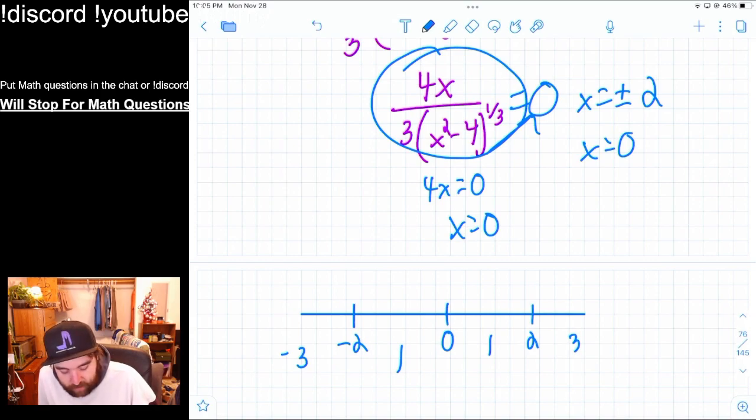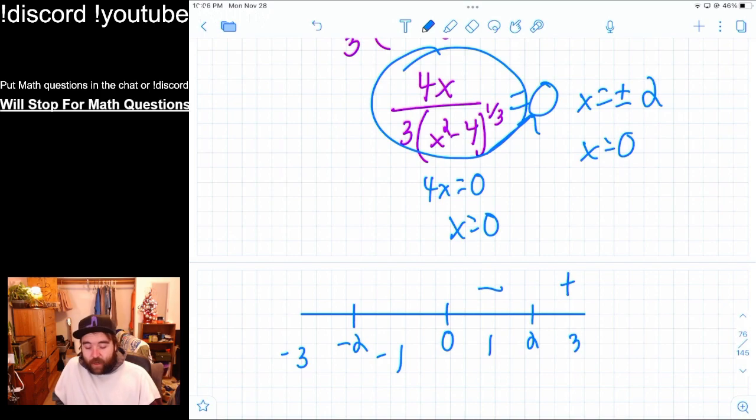It's positive 12, and then you get 9 minus 4, which is positive. You plug in 1, on the other hand, see how on the bottom you get 1 minus 4. And the cube root of a negative is not a problem. It's just a negative number. So when you plug in 1, you're getting a positive divided by a negative, so you're getting a negative.